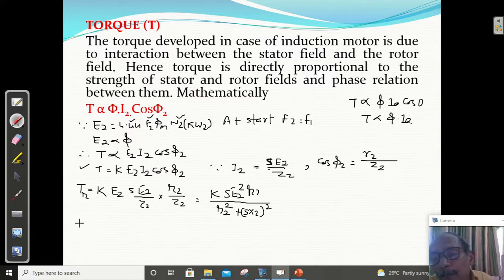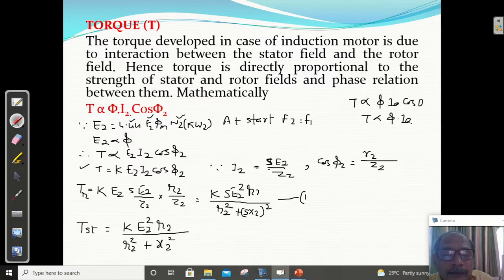TR. If we want to find the starting torque, one constant K. At start, S will be 1. So we can say the starting torque equals K into E2 square R2 upon R2 square plus X2 square. So this is the starting torque, and this is the running torque.